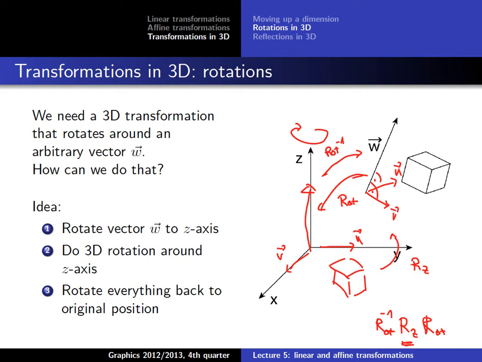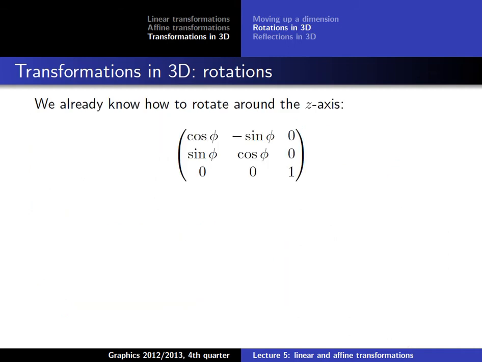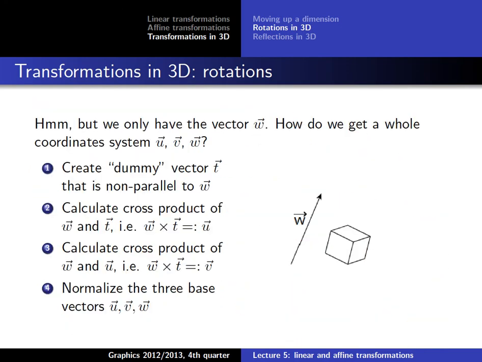And of course, I hope you remember, if we have 2 vectors, then creating such a coordinate system is very simple. We just use the cross product to calculate the third vector, which is then orthogonal to the original 2. But here we just have 1. And the solution is a simple trick. Just take a dummy vector t that is not linearly dependent on this vector here, so it's not parallel.